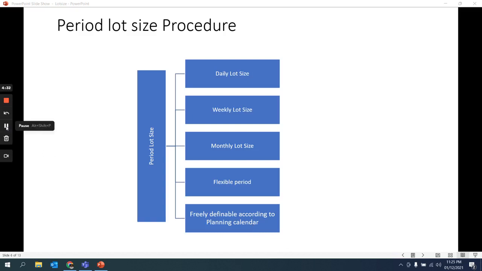In all period lot sizing procedures, the system will group the requirements within the period and calculate the order quantity at the beginning of the period. Let's say we are using the monthly lot size. The system will group all the requirements in that particular month and calculate the order quantity at the beginning of the month.